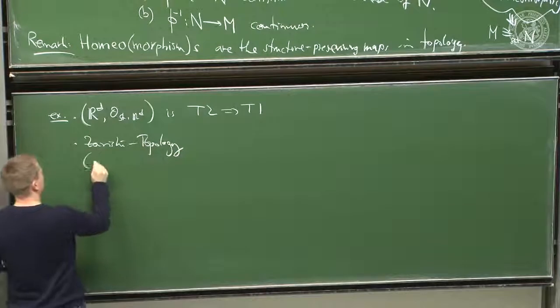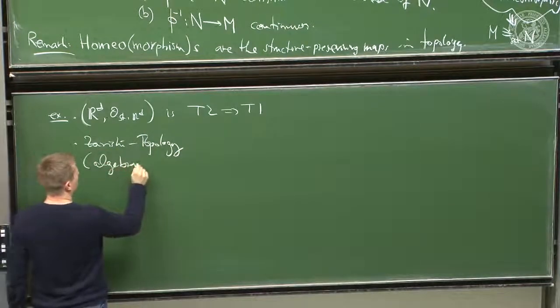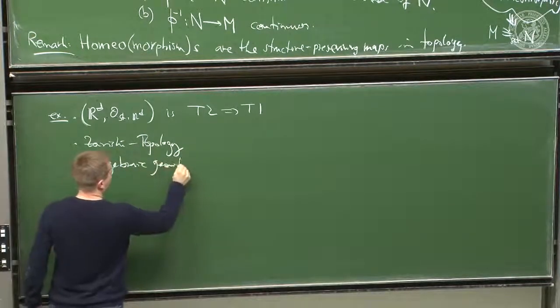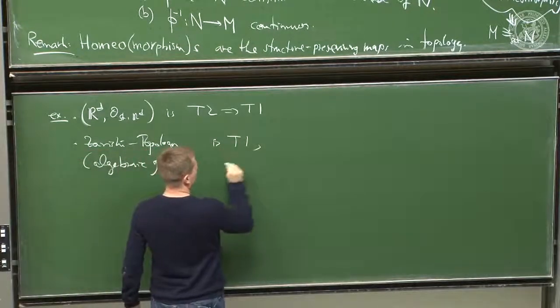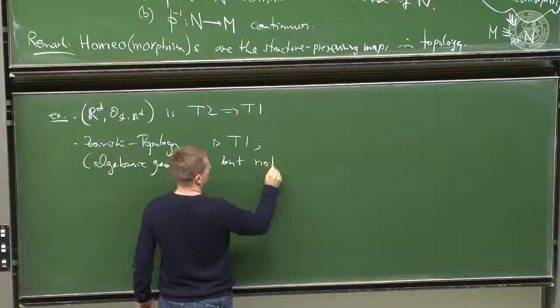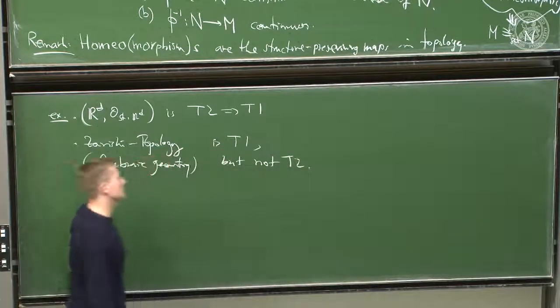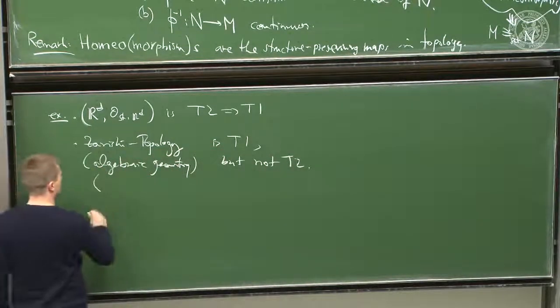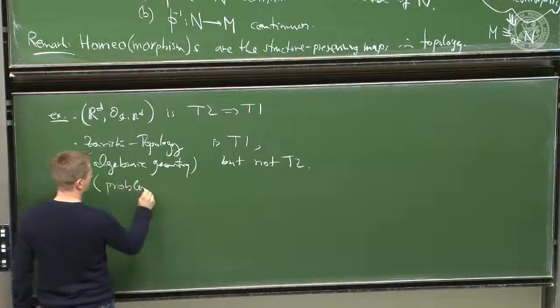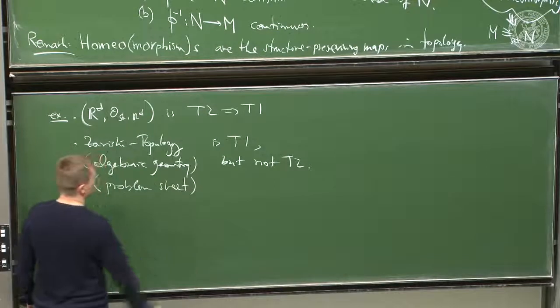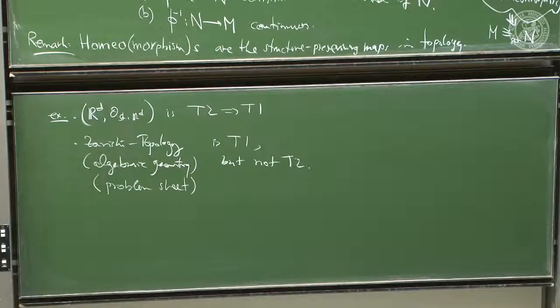That's a topology that appears in algebraic geometry. That is T1, but not Hausdorff, so it's not T2. And there will be a problem on the problem sheet for the Zariski topology, and the Zariski topology is very important in algebraic geometry and pushed the subject forward. So that's a very important topology.